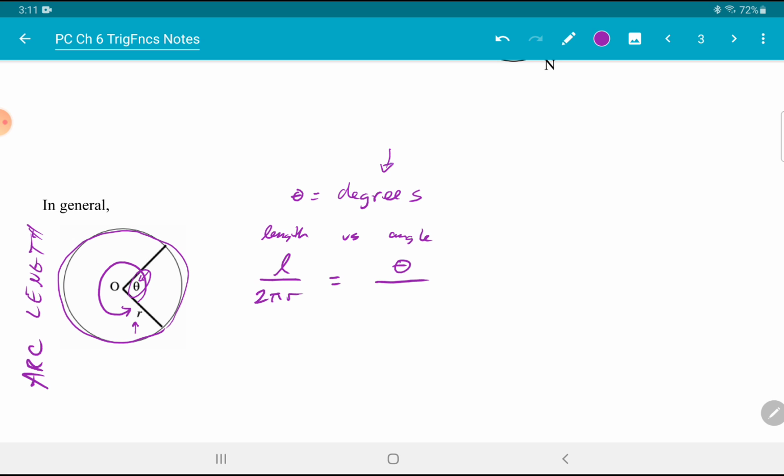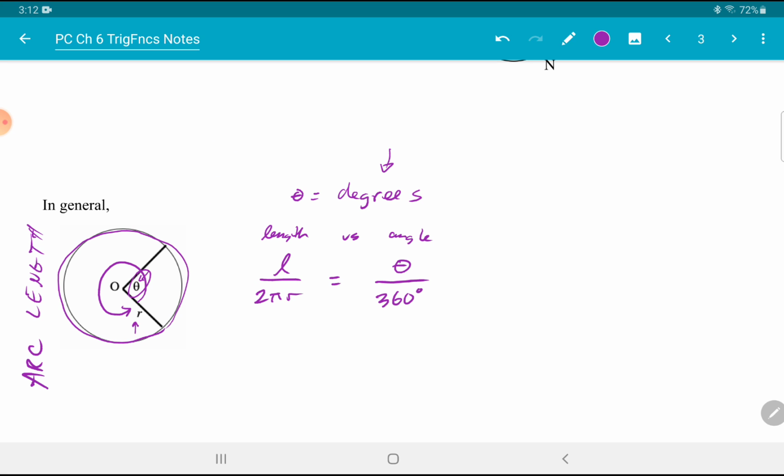Remember that we are going to be in degree format, so that's going to be 360 degrees. This hopefully was the proportion that you used in setting up number 2. If you didn't do that for number 2, well, go ahead and pause the video again and retry it and see what you get for your answer.